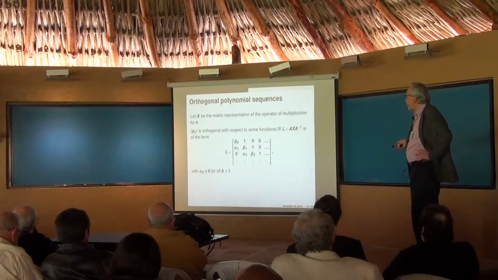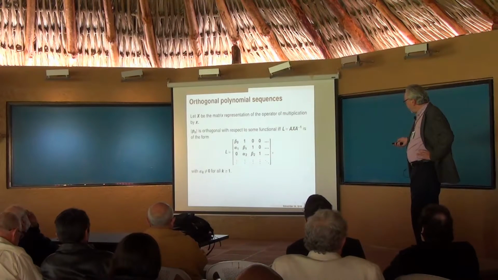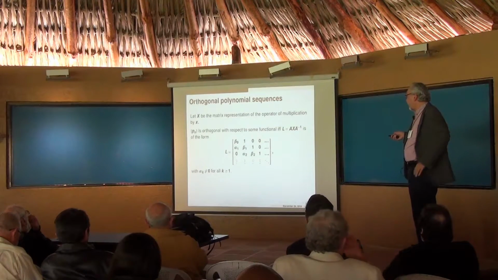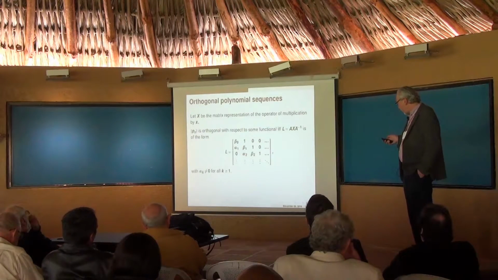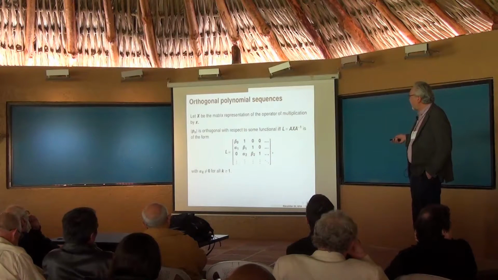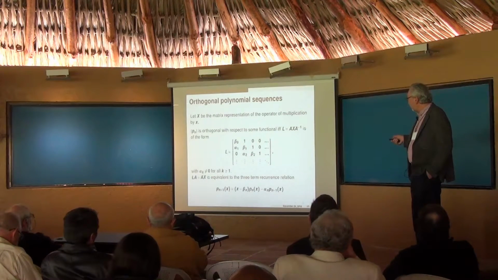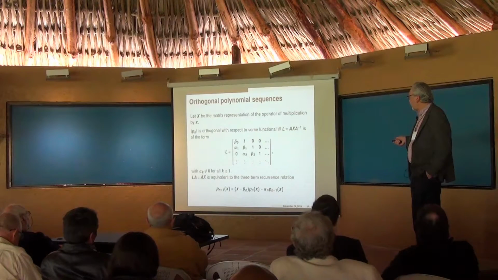And therefore, the polynomial sequences become matrices, and then they are of the same kind of objects as the operators that send polynomials to polynomials. And we can, for example, describe the multiplication by x as a matrix.